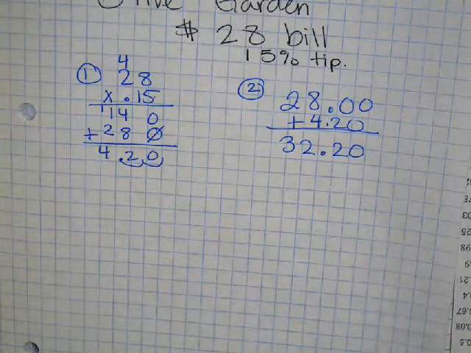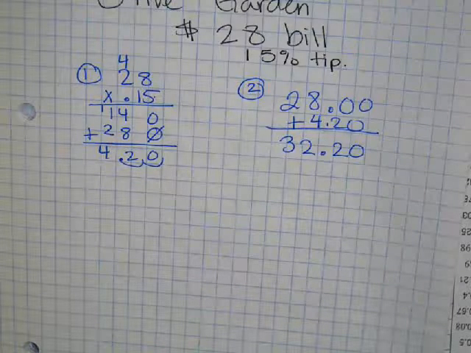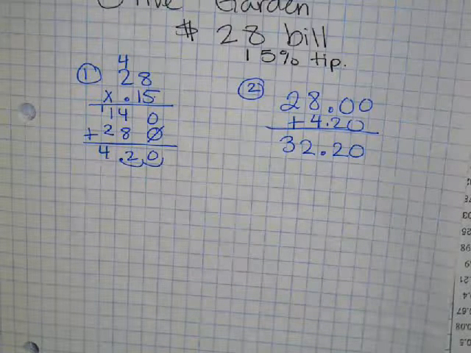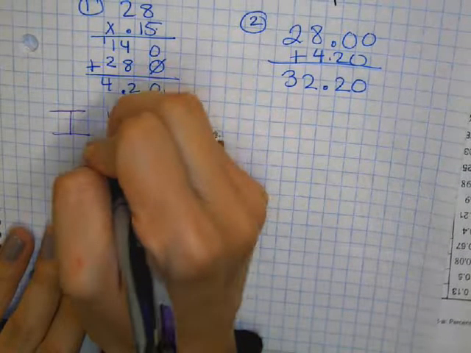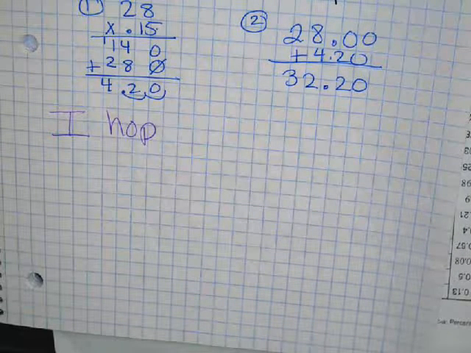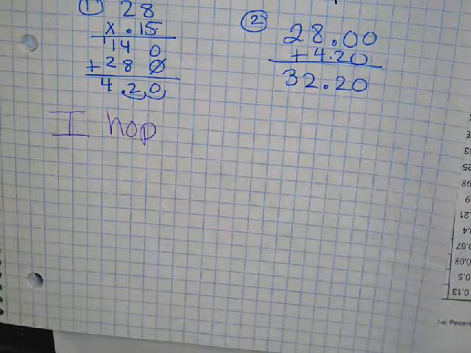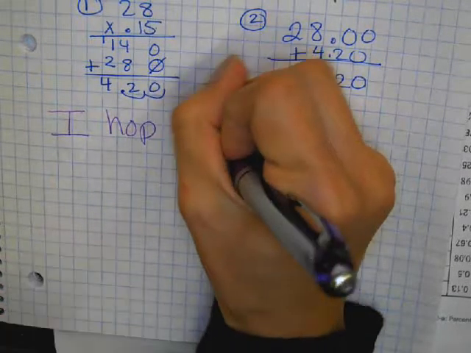So let's say on Saturday, I take all the kids who have A's and B's to IHOP. Right now it's, I love pancakes.